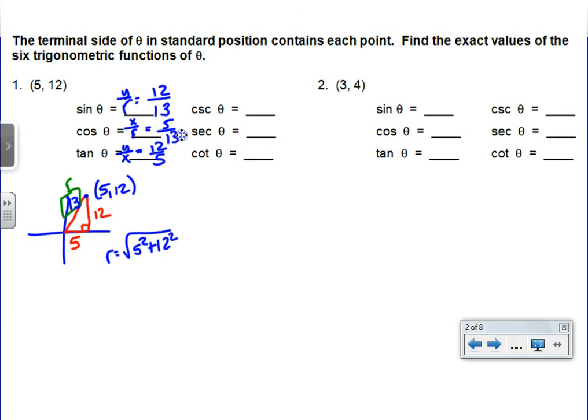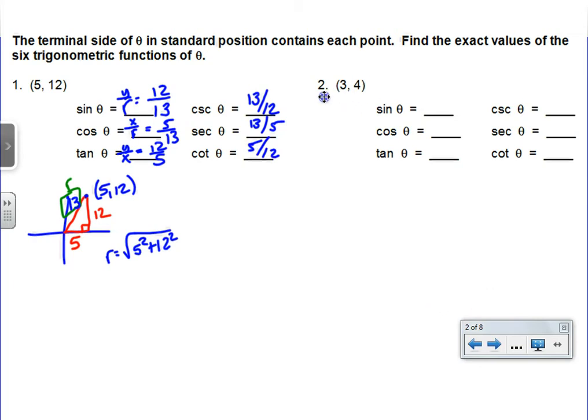The reason we start to think about sine, cosine, and tangent with these new formulas is because you don't have to have a picture in order to get the formulas. If you know the x, the y, and the r value, you can just quickly plug and chug the numbers in. Cosecant is the reciprocal of sine, so once you have sine, cosecant's easy, 13 over 12. Secant is the reciprocal of cosine, 13 over 5. And cotangent is the reciprocal of tangent, so 5 over 12.